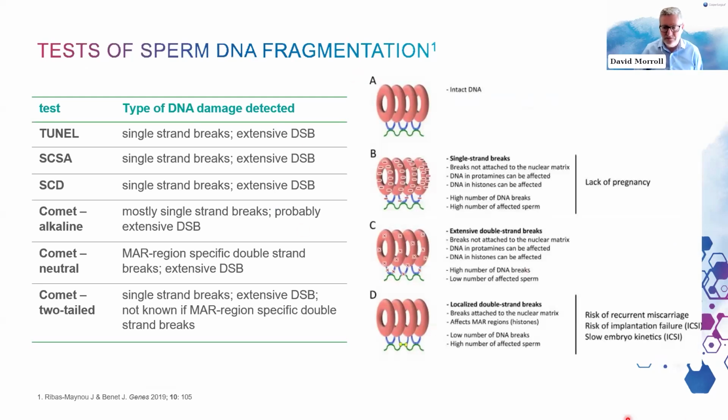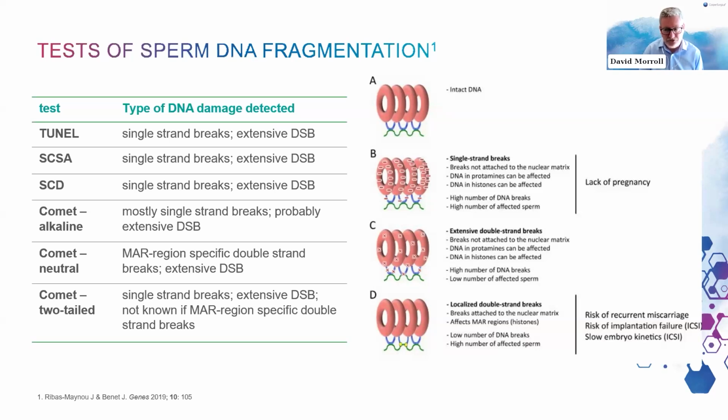This is a really, really nice review by Riba Mainu and colleagues from 2019. So it's not particularly new, but it's a lovely review of sperm DNA fragmentation. And they give a much more detailed and eloquent description of the methodologies and the tests involved than I can give in this talk in the time available.